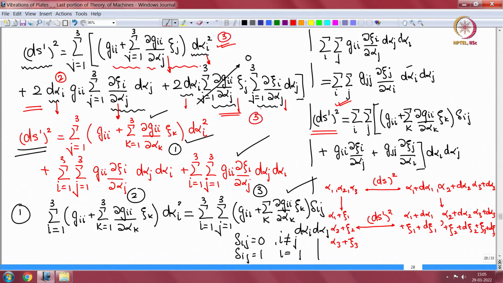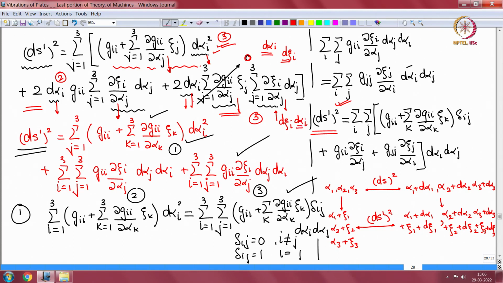So why did I drop this one and not that one? Compared to d alpha I, d xi I is a smaller change. So this is d xi I, there is one d xi I, and here there is one d alpha I, so slightly bigger.